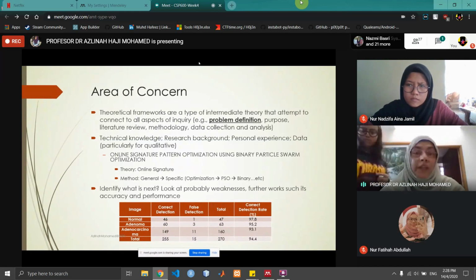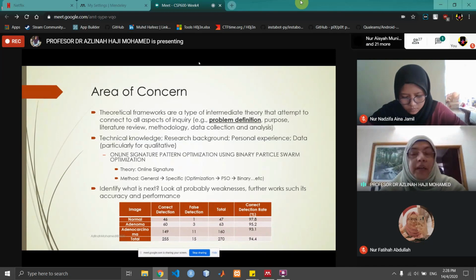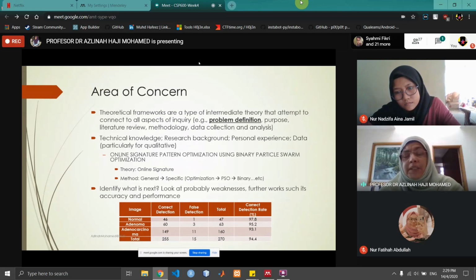Yeah, one normal image, there is an adenoma image and an adenocarcinoma image. So when they did this, they give the correct detection, false detection, and the percentage of correct detection. You can see that the performance they give here is 97.8 for normal and so forth. And basically, you can see the performance that they show is about 90% and above.